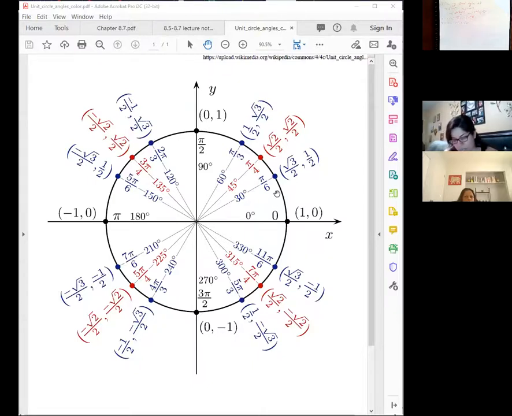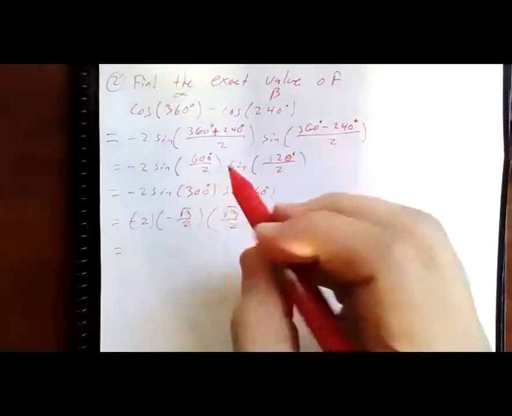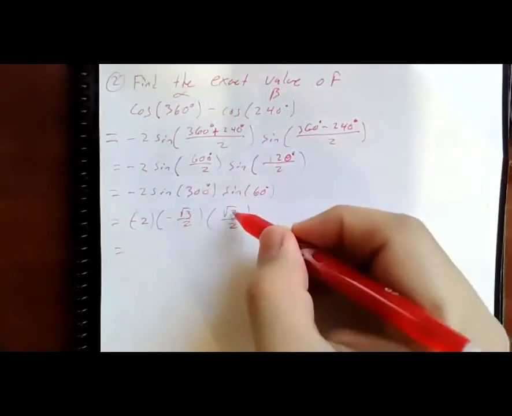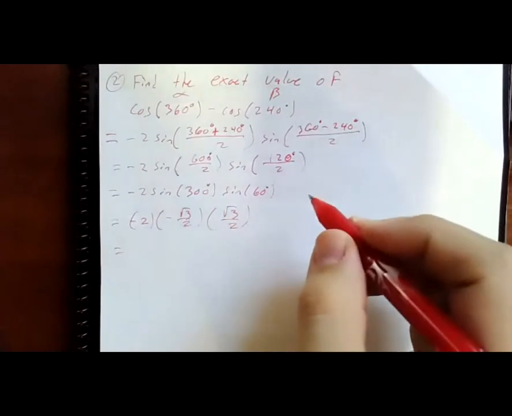So let's see. Sine of 300. It's right there. Did that earlier. So -2 times negative square root 3 over 2 times sine of 60, which is square root 3 over 2. Okay, so square root 3 times square root 3 is going to be a 3, right?